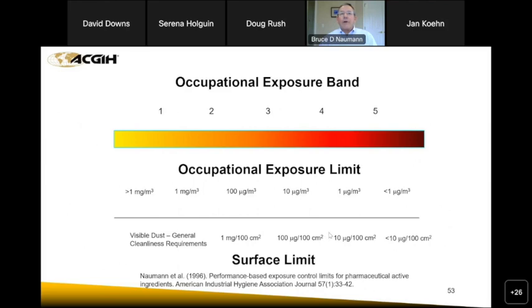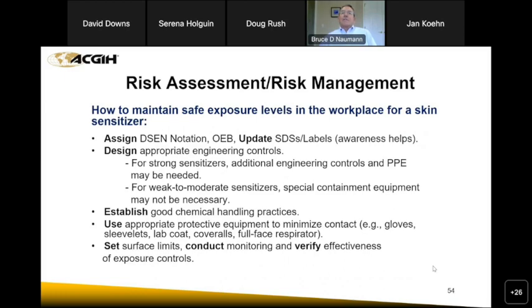We're going to have to make sure that we're cleaning up after ourselves, et cetera, or there may be some extra procedures involved after the process is completed. And that's, again, really just like the notations. It's really designed to highlight the hazard and to provide some useful information to help control exposures to the appropriate level.